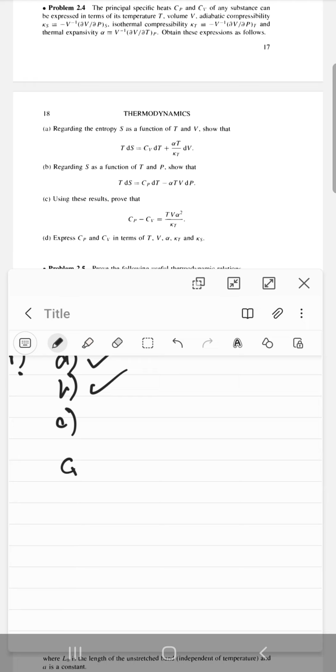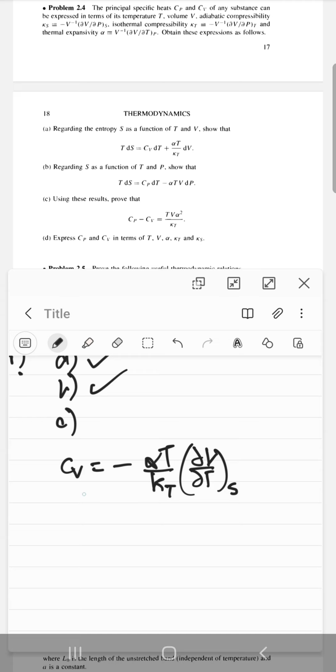So we essentially have Cv is equal to minus alpha T upon Kt, and then you just have partial V by partial T at constant entropy. Yeah, I feel like I'm stepping into mud right now, but let's just see what happens.